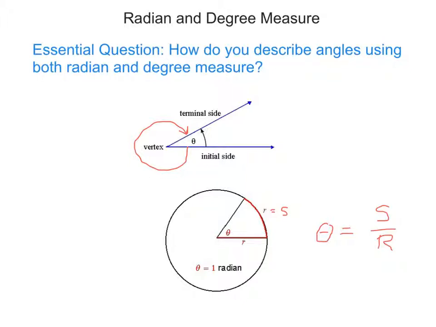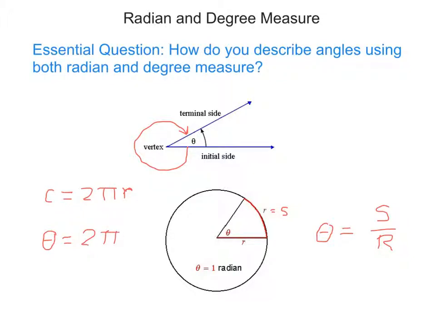Now, if we use the fact that the circumference of a circle is equal to 2 pi r, so therefore C is equal to 2 pi r, and we talk about the entire circle, one complete revolution, the angle theta, if it's one complete revolution, will equal the circumference of the circle, which is 2 pi r, divided by r, or in radians, one full revolution of the circle will equal 2 pi radians.